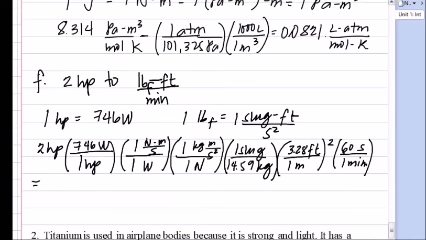Pag ginawa natin yan, ang makukuha natin is 66,000.